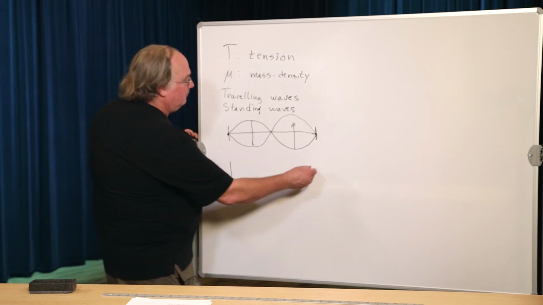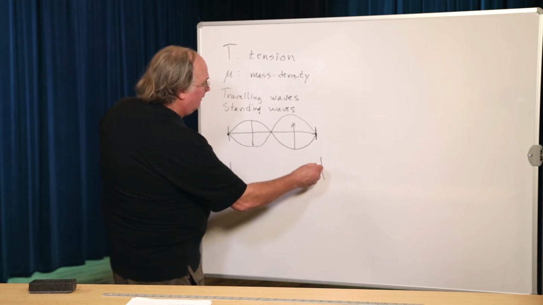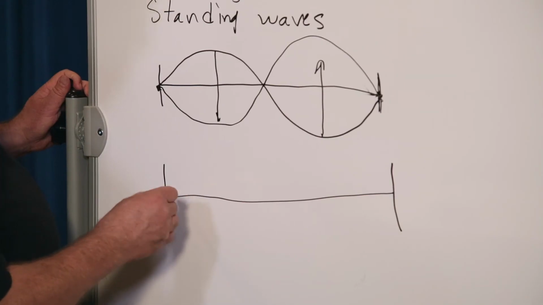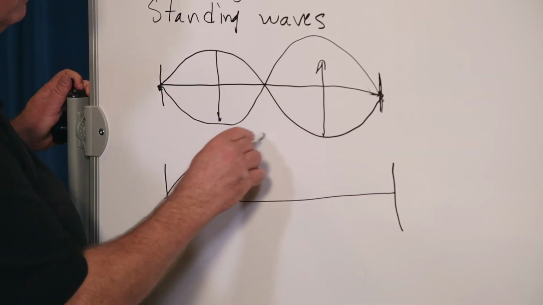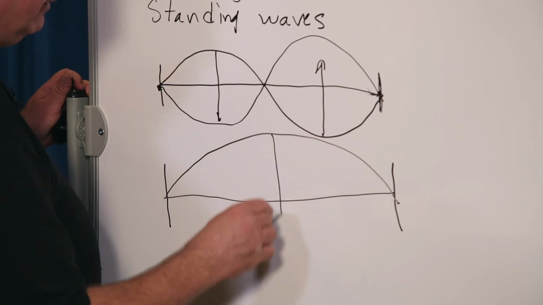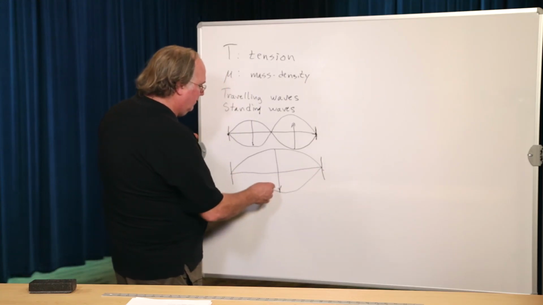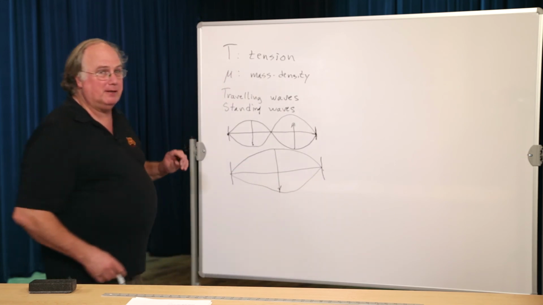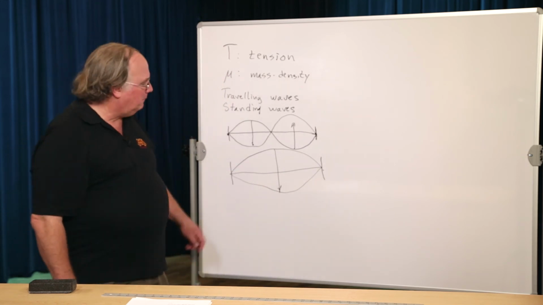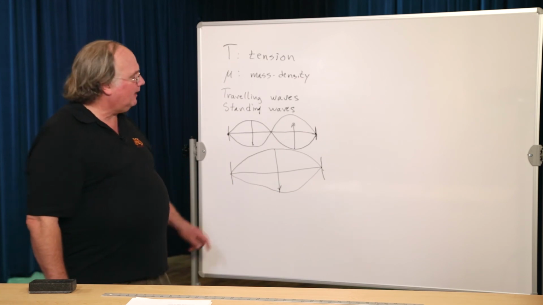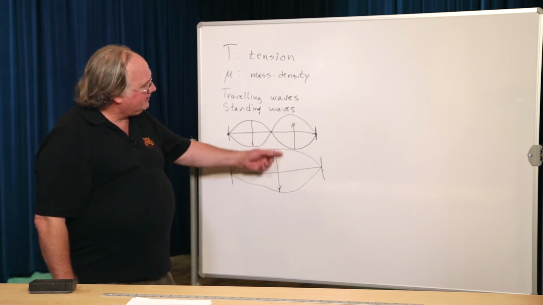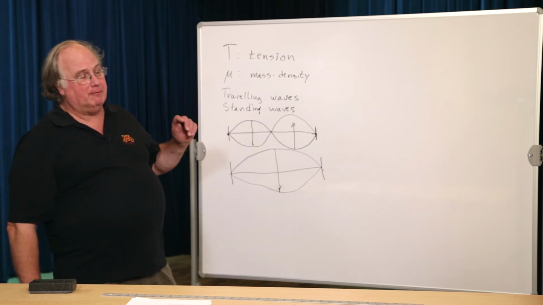You can draw another one that, instead of having 2 lumps, just has 1. And this goes back and forth like so. This is actually what a guitar string mostly does. Most of a guitar string oscillating is like this. There's a little bit of that one.